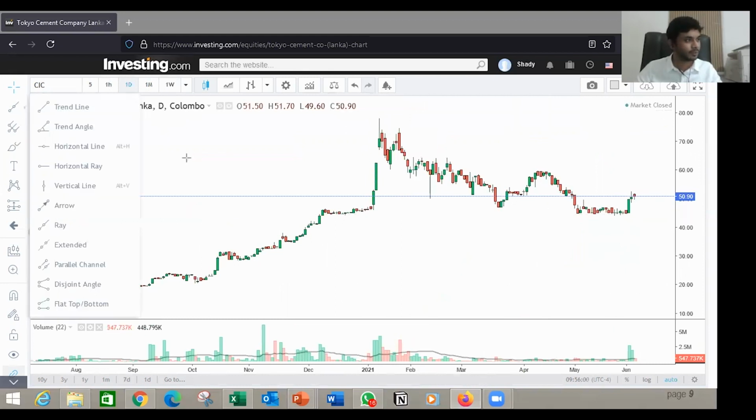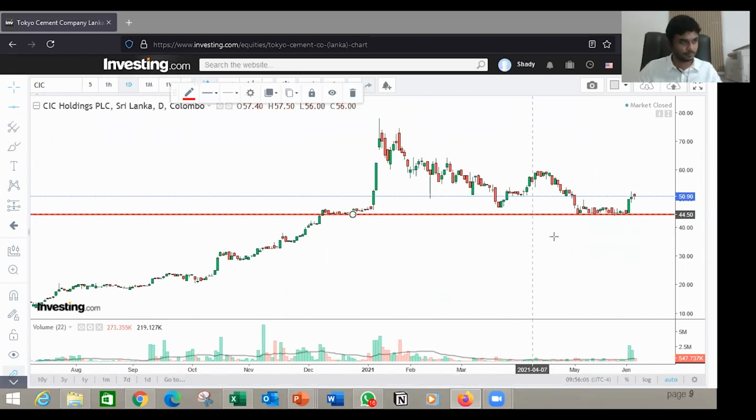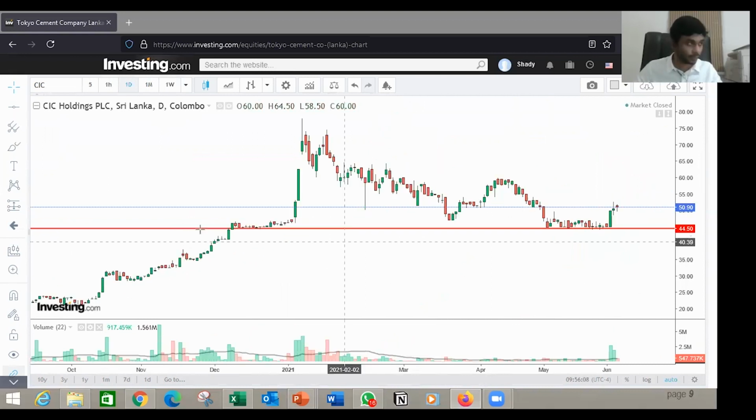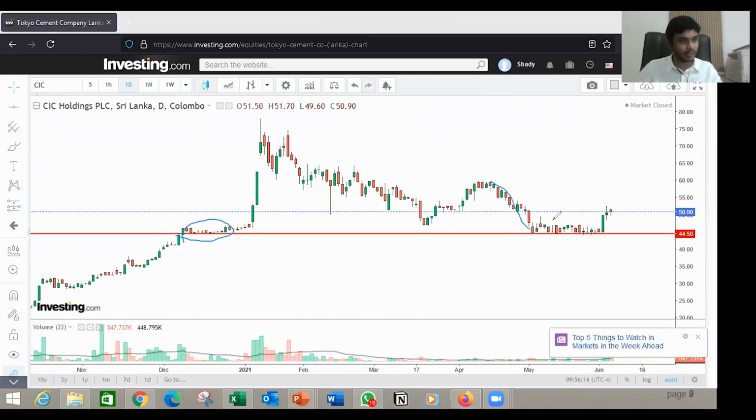If I put the horizontal line here, historically CIC has indicated there is some support at 4450 levels. Again, when it dropped, it maintained above 4450. So that showed a good signal that at 4450 for this particular stock, there is some strong support, okay?